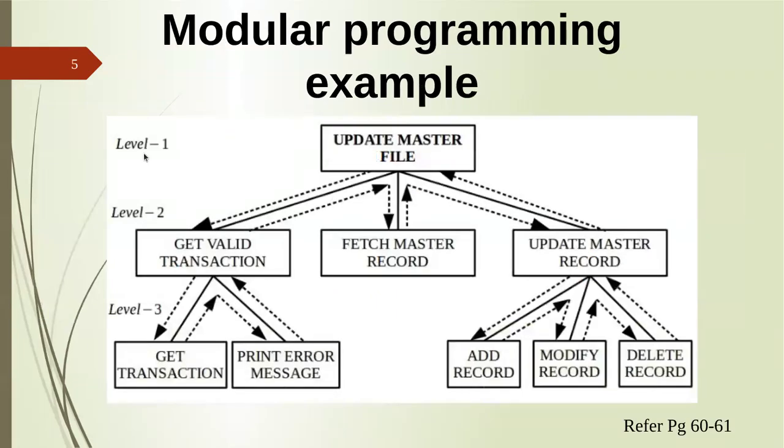In this example, level 1 is update master file. At level 2, update master file has 3 separate modules: get valid transaction, fetch master record, update master record. In the next level, these modules are also divided: get transaction, print error messages, like that.